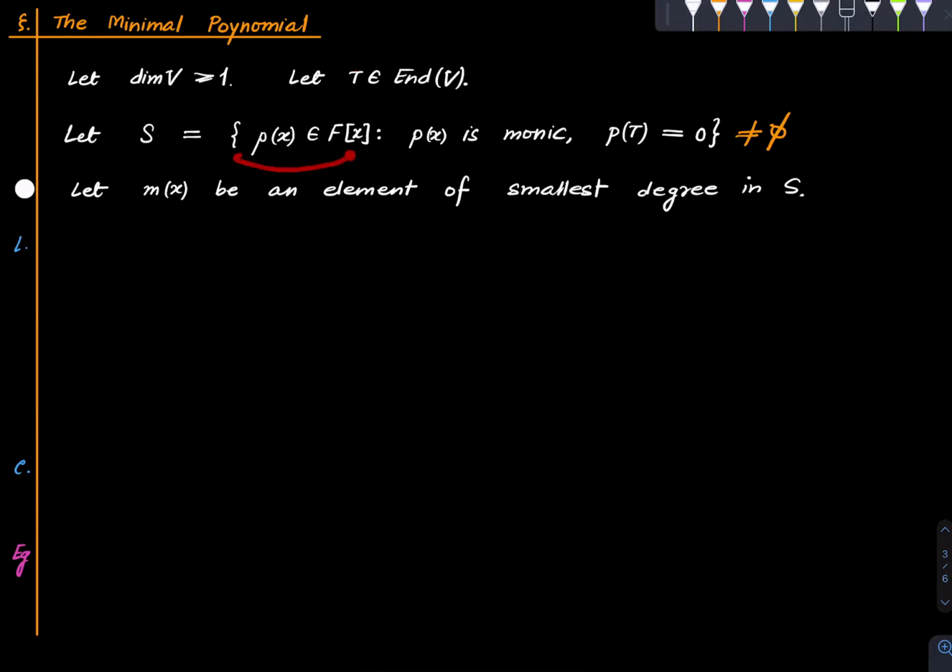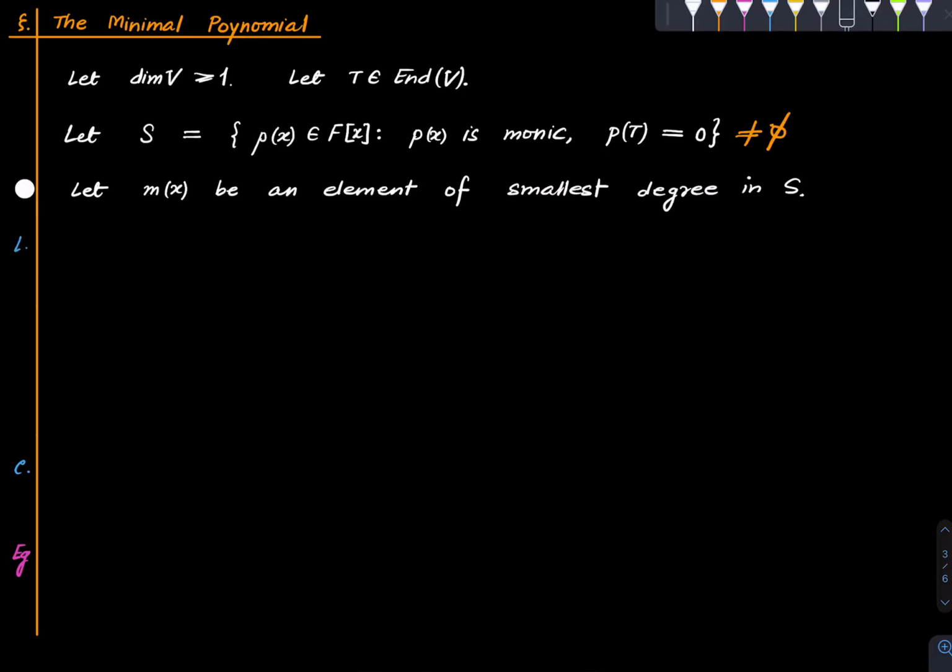So everything here has degree at least 1. And what we are doing is just picking one element with the smallest degree. A priori, there could be multiple such elements, but we'll get there later about how unique this is. It exists by the well-ordering principle if one wants to be completely formal.